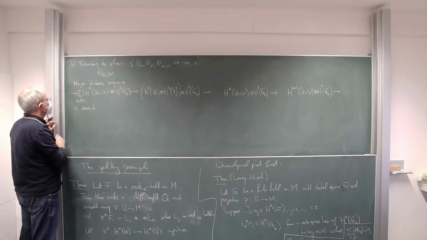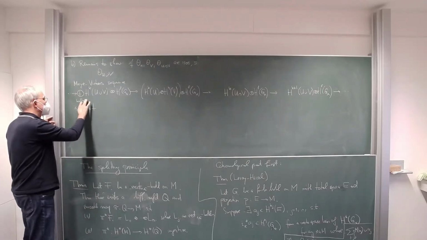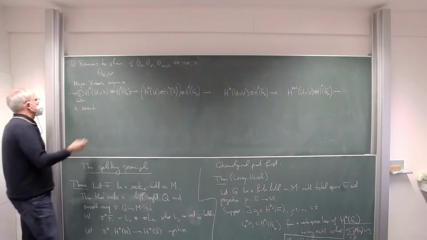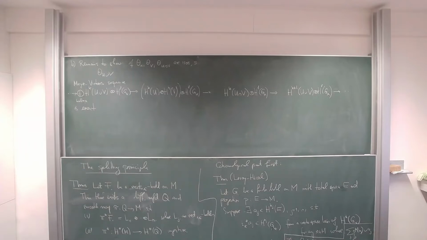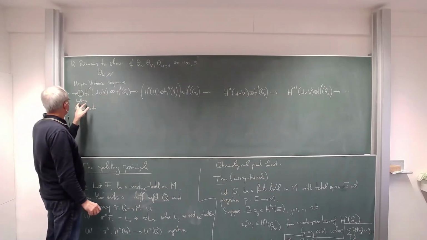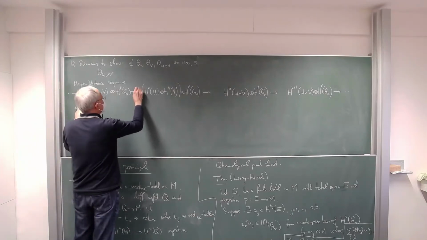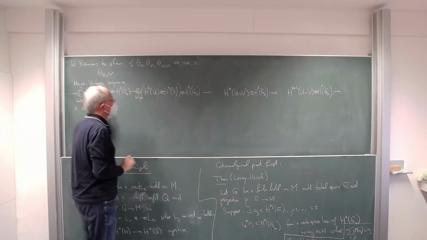So let me call it P. No, P is the name of the projection. U. So I sum over all these L's, and I have here the same sum. K plus L is equal to U.